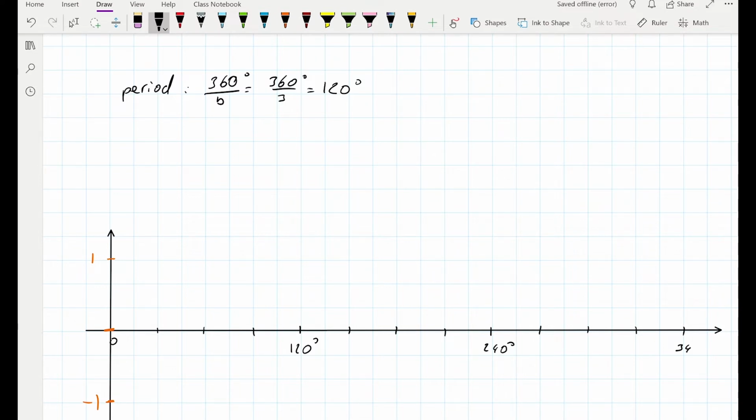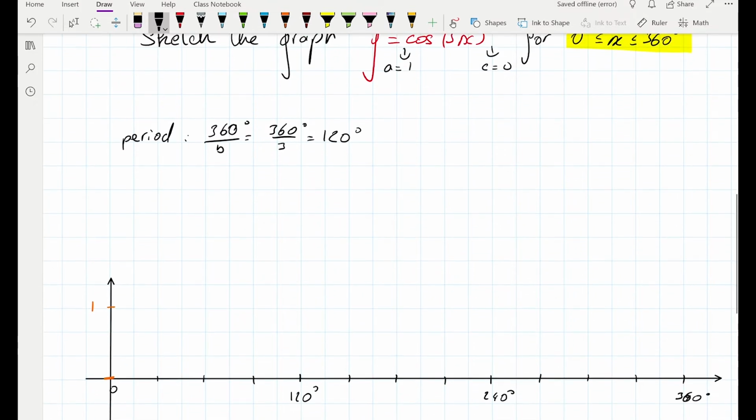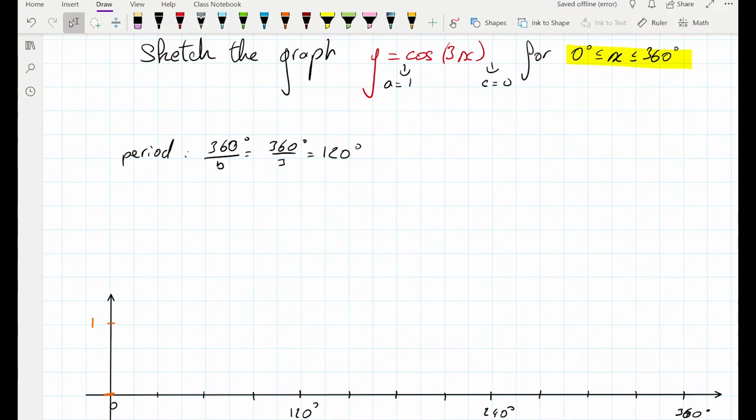So at 240 a second period finishes, and at 360 another period finishes. So between 0 and 360 I'm going to have 3 periods. These 3 periods come from the b. Here b equals 3, meaning that between 0 and 360 I'll get 3 periods.